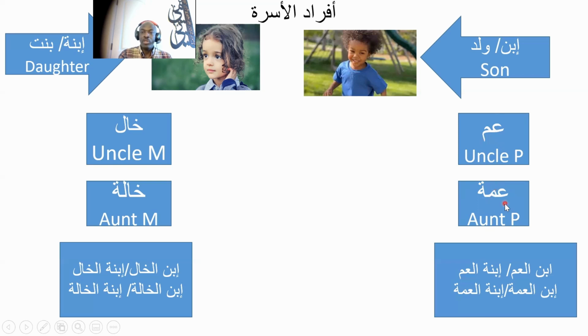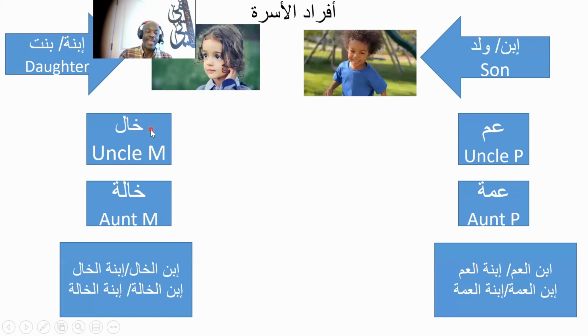So if you want to talk about uncles and aunts on your mom's side, I put them here, and I put M for both uncle and aunt. M is maternal, which is on your mother's side. Your mother's brother, we call in Arabic Khal.